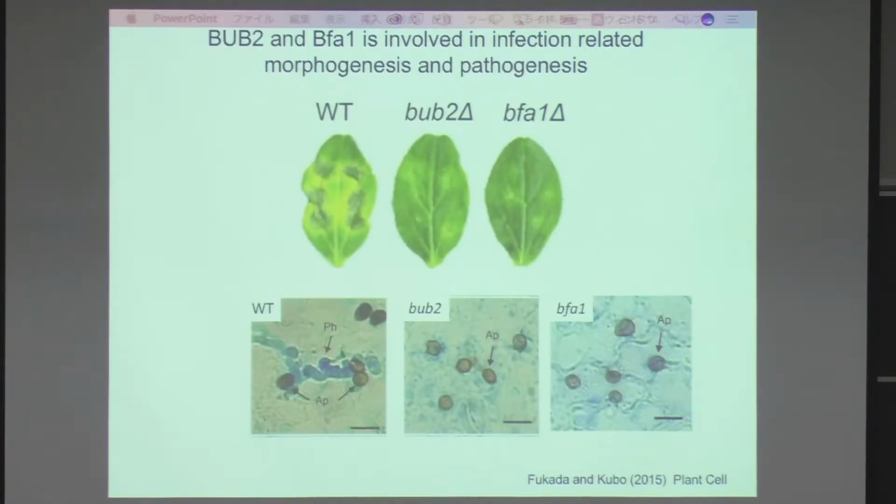And these mutants show defectiveness of pathogenesis and also defects in penetration hyphae formation, quite different from the wild type. So the cell cycle control is important for expressing proper pathogenesis.